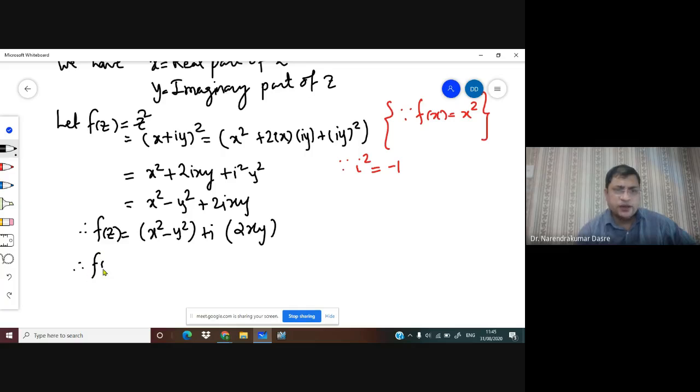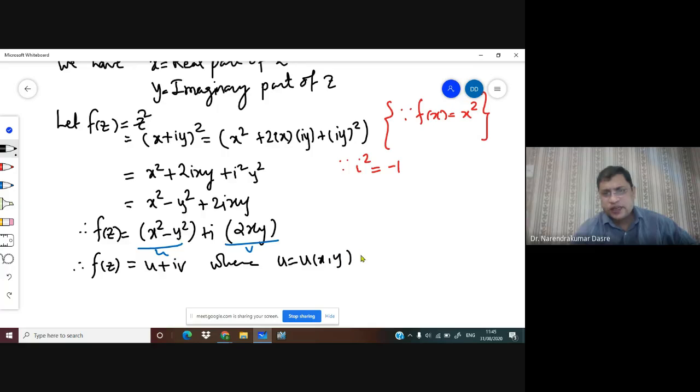So you can see that this part of the function f of z I will call u and this part I will call v. So this function f of z we can write as u plus iv, where u is a function of x and y, which is x square minus y square.